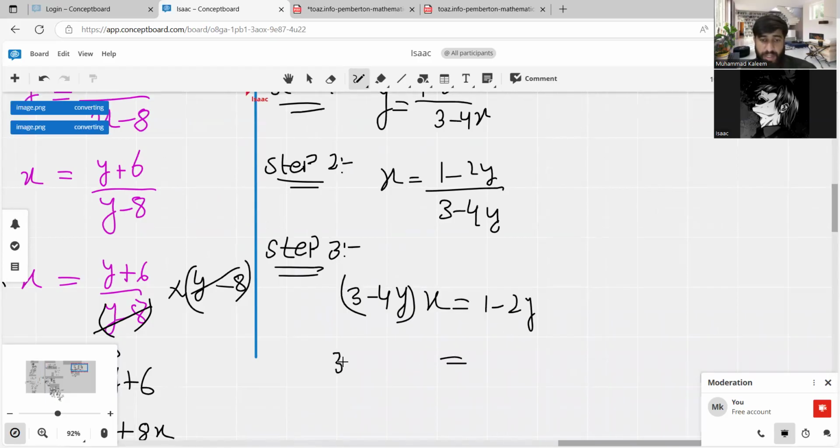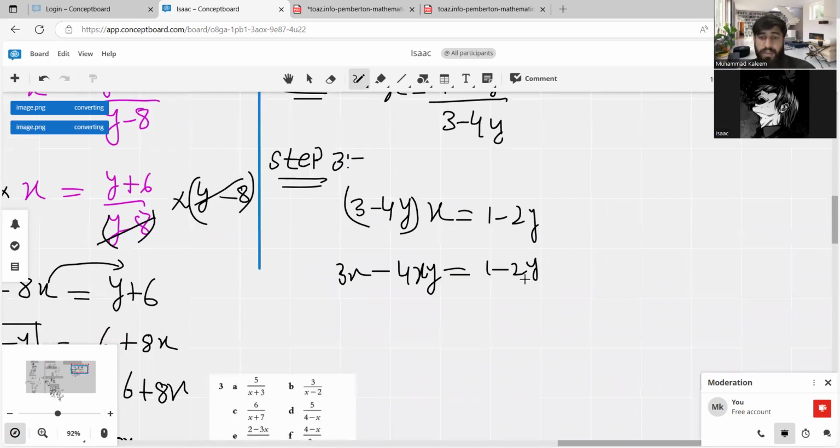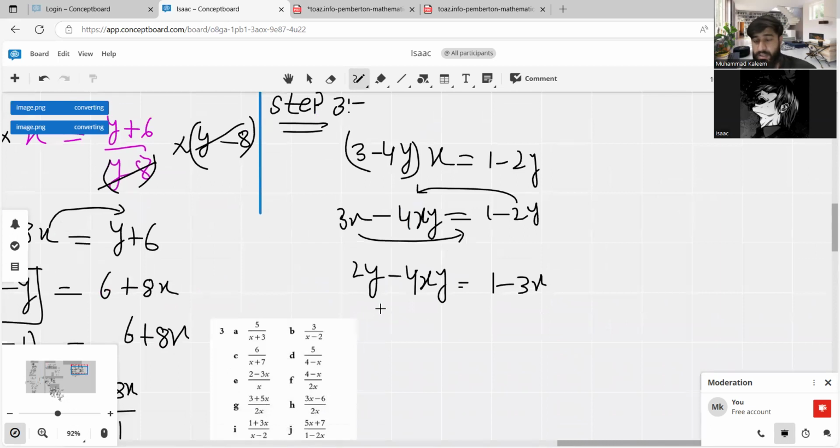So this is 3x minus 4xy equals 1 minus 2y. Then take this 2y to this side, so it will be positive. 2y minus 4xy will stay on the same side, but I will move 3x in parallel to this side. So it will be in subtraction. 1 will be written as it is.